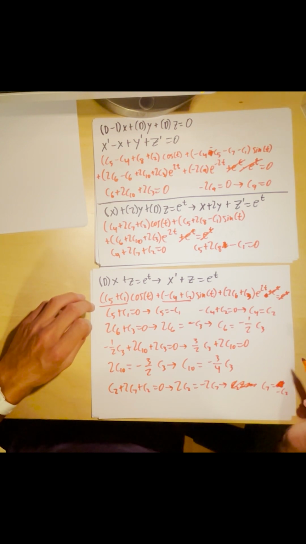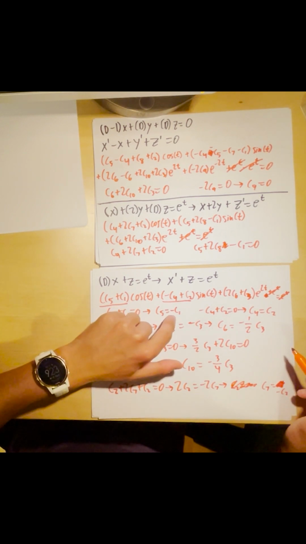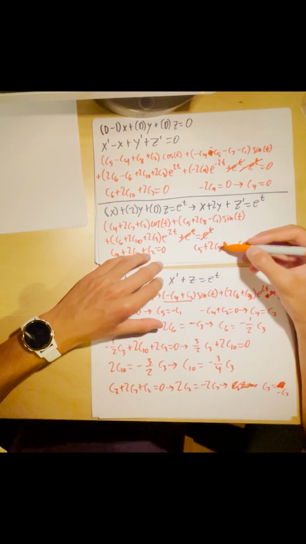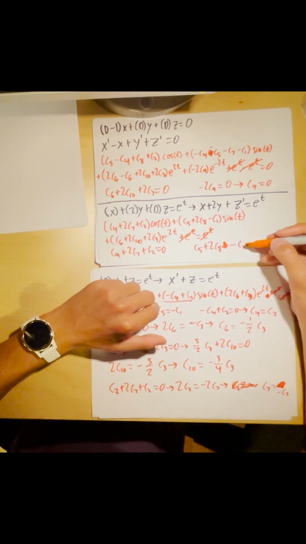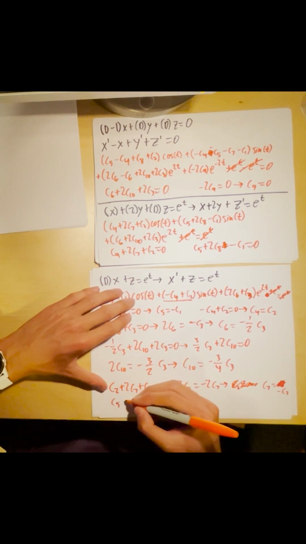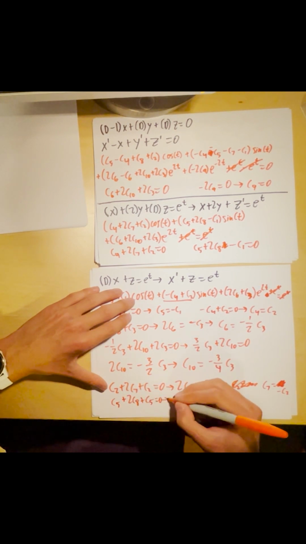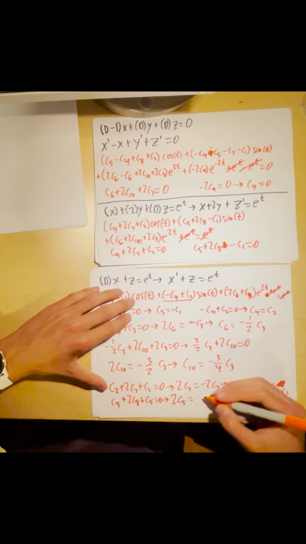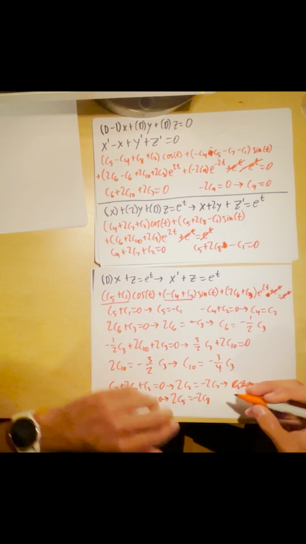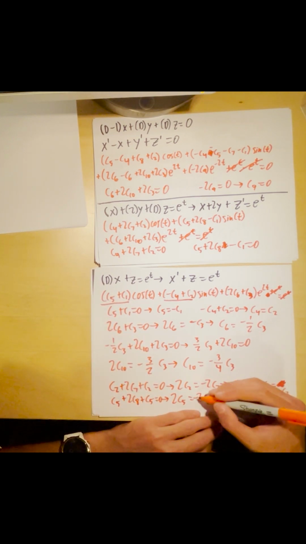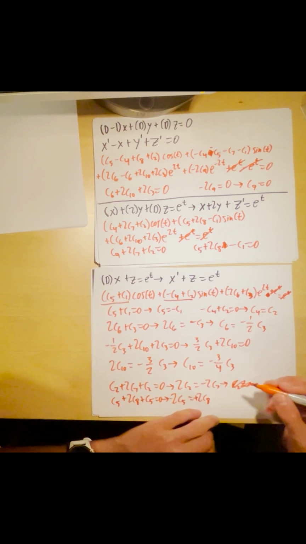Finally, C1. We have C5 equals negative C1. And we had this equation, so C5 plus 2C8 minus C1. Minus C1 is the same thing as C5, so C5 plus 2C8 plus C5 equals 0. Now 2C5 equals negative 2C8, sorry, I'm going to actually say 2C8 equals negative 2C5.